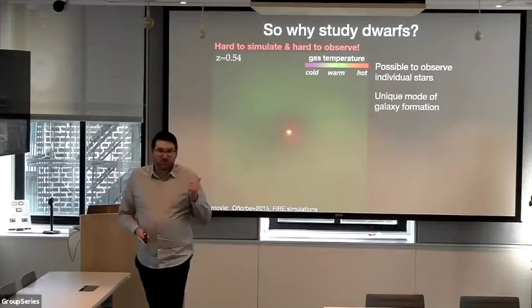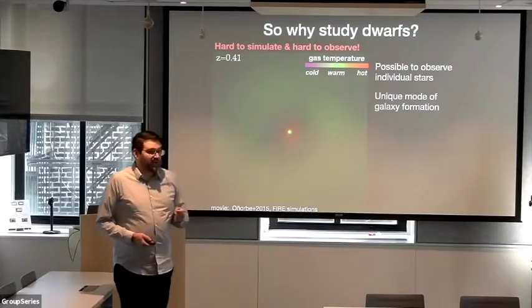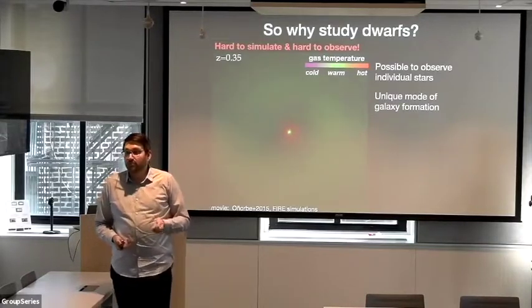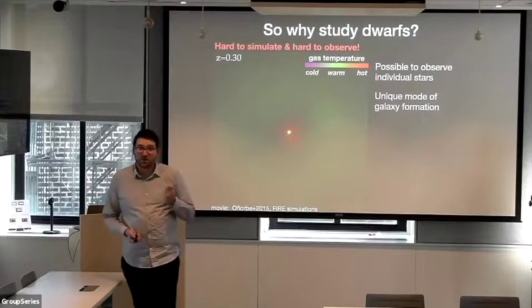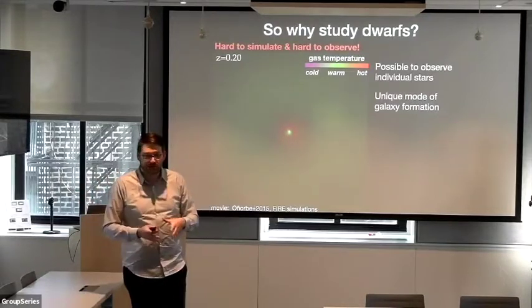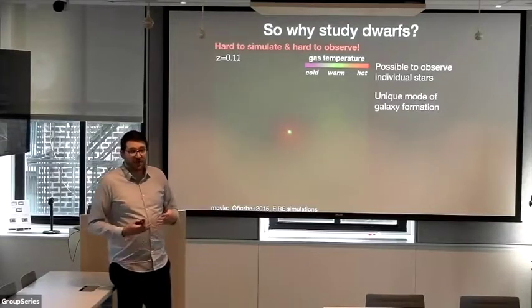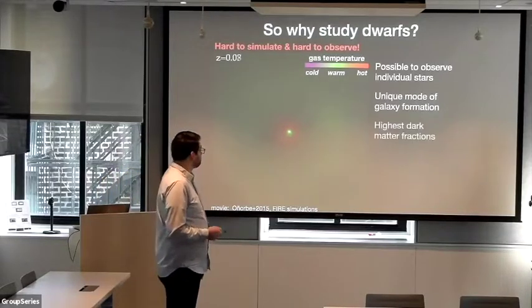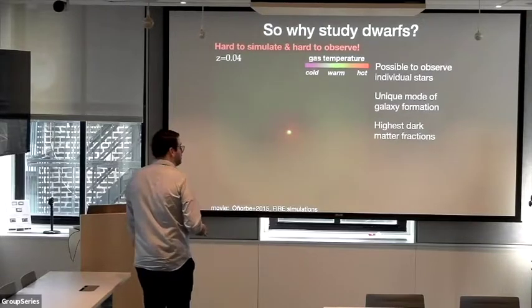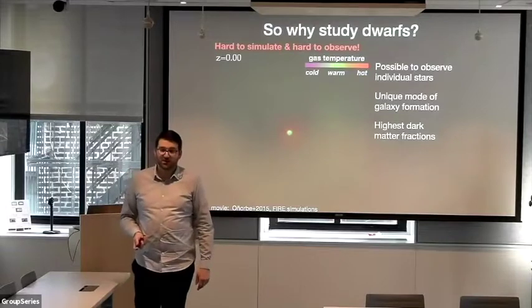As I talked to you about, and as this movie is showing you as well, dwarf galaxies comprise a unique mode of galaxy formation. Because they're so shallow potential wells, you get this blowout reaccretion cycle that you don't really get on such large scales in Milky Way mass galaxies. I haven't shown you this, but dwarf galaxies also have the highest dark matter fractions of any objects in the universe.